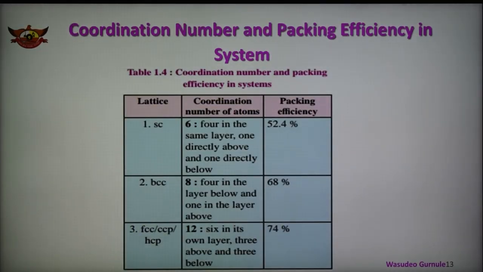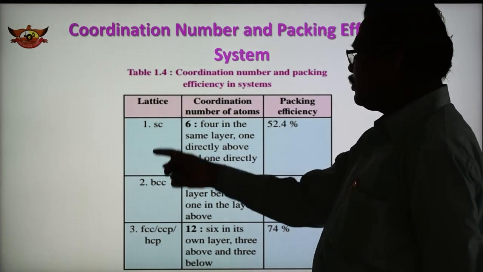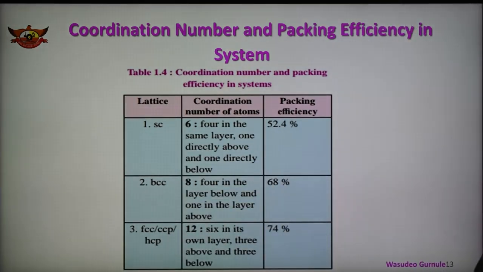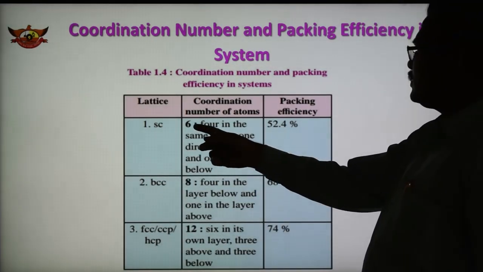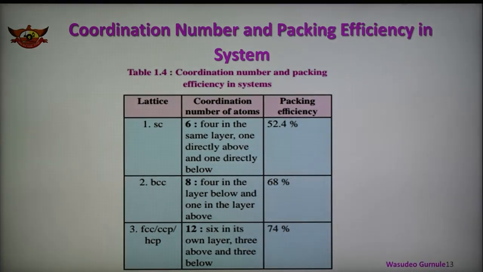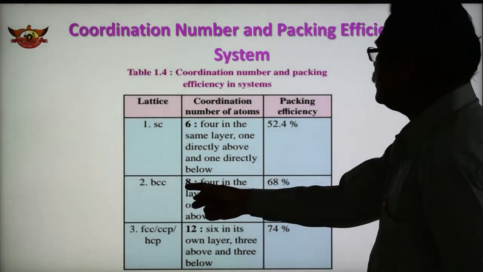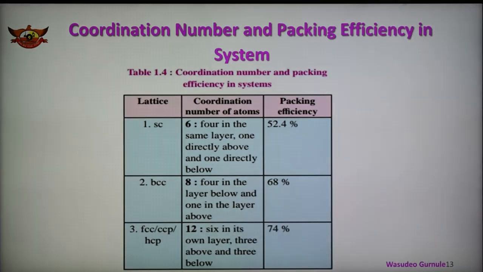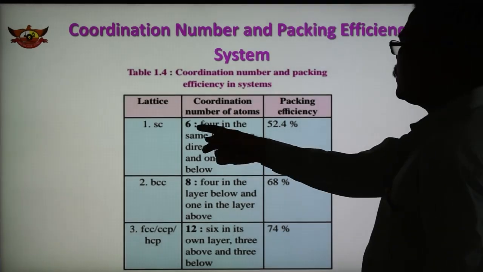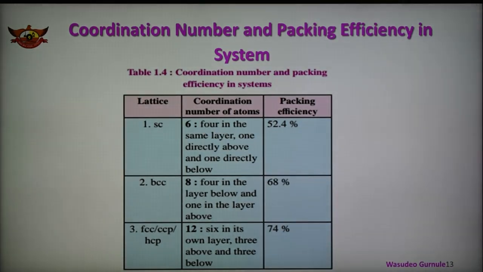This table shows the coordination number and packing efficiency in the systems. These are the lattices: simple cubic, body centered, face centered. The coordination number of an atom is 6 in case of simple cubic. In case of body centered, the coordination number is 8, and in case of FCC and HCP, the coordination number is 12. What is coordination number 6? It means 4 atoms in the same layer, and one directly above and one directly below.